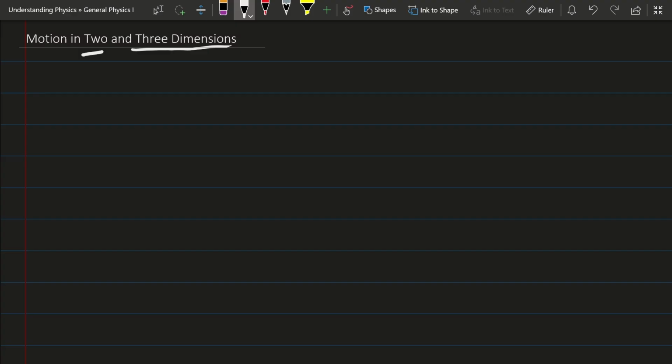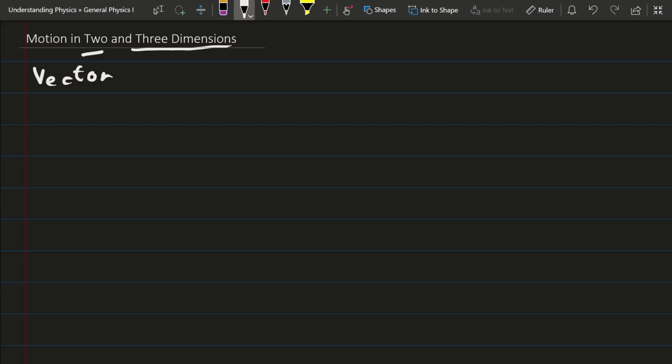So first, to start up this entire thing, we need to talk about what is a vector, because we have already explained certain variables to be a scalar or a vector, but we didn't really define what a vector truly is. So what is a vector?